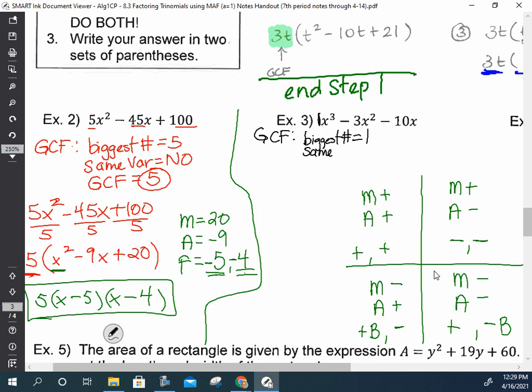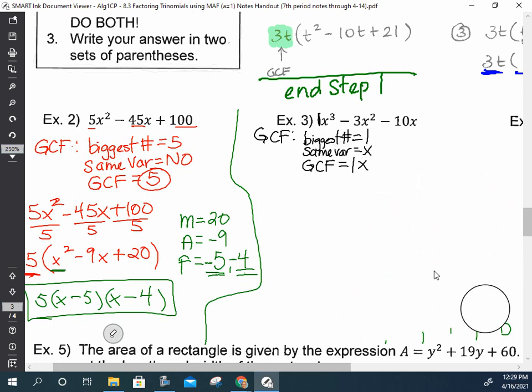So we pull out the variable. So your greatest common factor is 1x. The biggest number is the number that divides out of everything that you see up there.